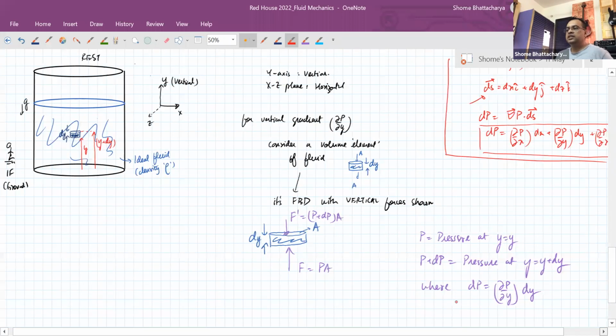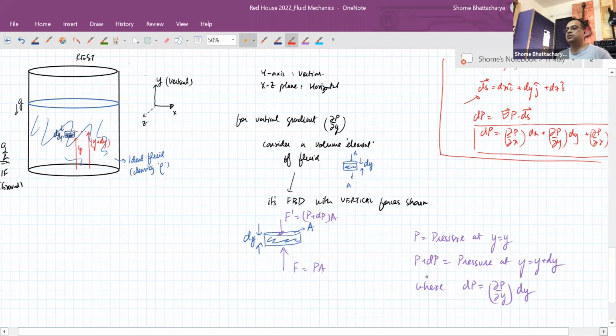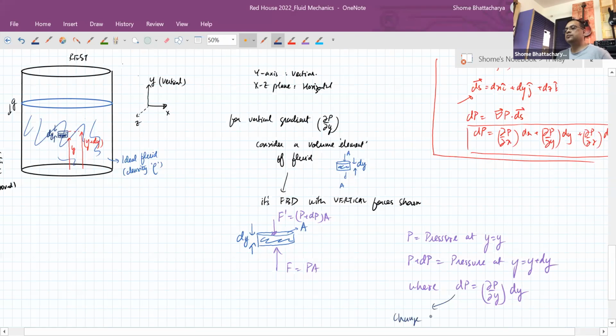So this is the change in pressure when the vertical coordinate is changing from y to y plus dy. So this dp is the change in pressure due to a vertical displacement of dy. That's why we have to write it like this.